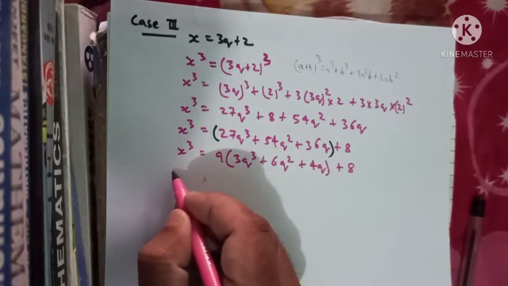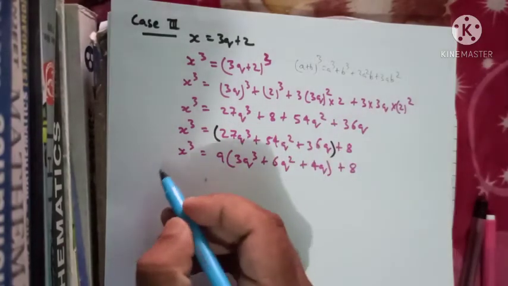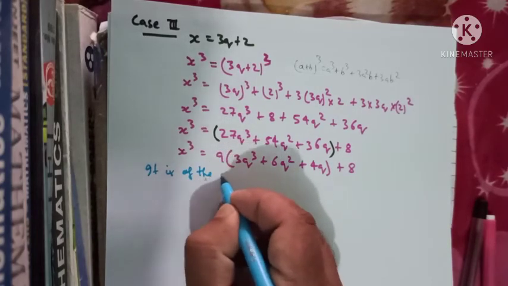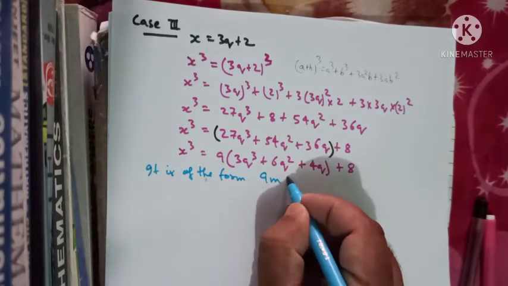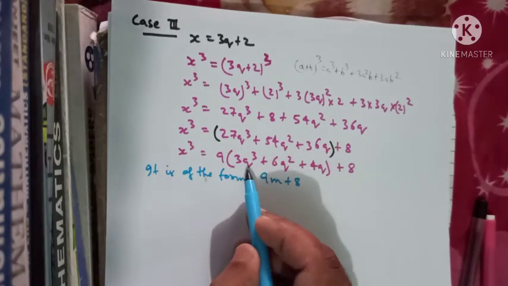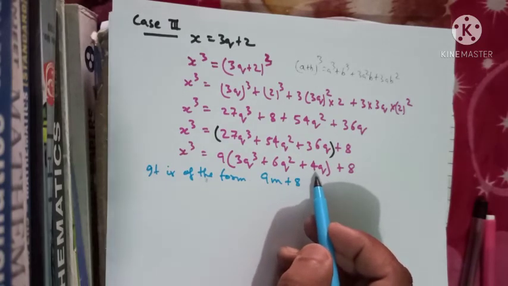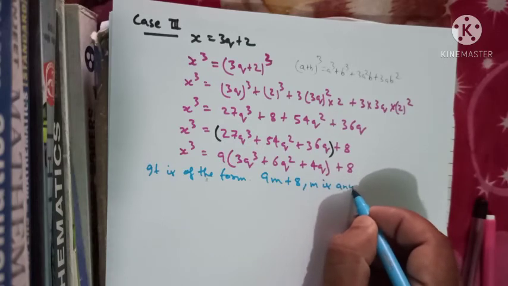So it is of the form 9m plus 8, where m is 3q cube plus 6q square plus 4q, any integer.